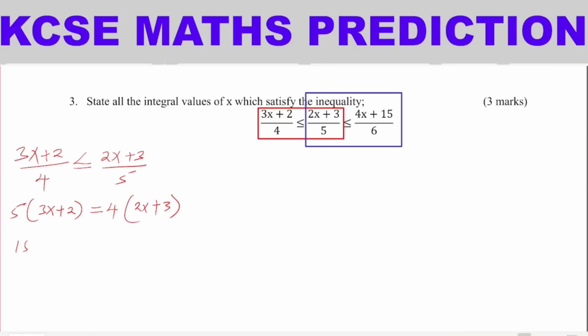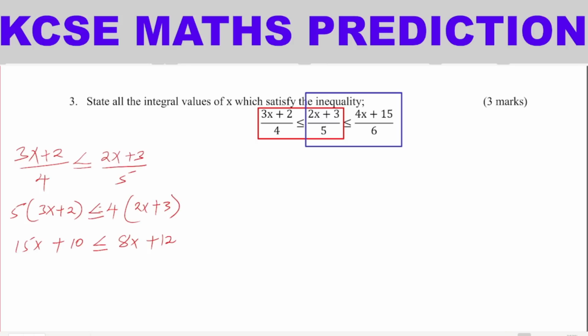Opening the brackets, you get 15x plus 10 less than or equal to 8x plus 12. Let me just carry forward this inequality sign. There it is, less than or equal to. Collect the like terms together.